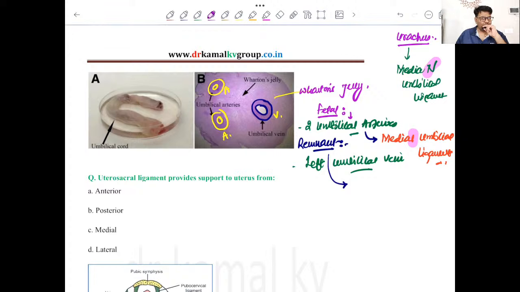So what about the derivative, or what about the remnant of the left umbilical vein? Left umbilical vein, it also persists as a ligament, and that ligament is known as... yes, anyone?